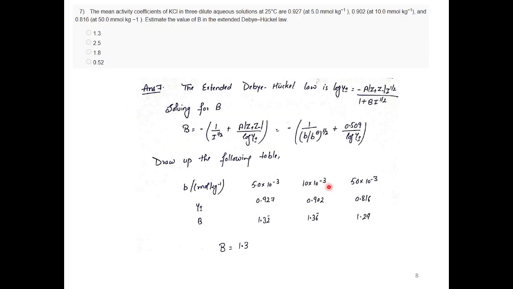Here is the mean activity coefficient of KCl. The Debye-Huckel law is for an ideal solution, but for a real solution there will be ion-ion interactions, and that plays the prominent role.